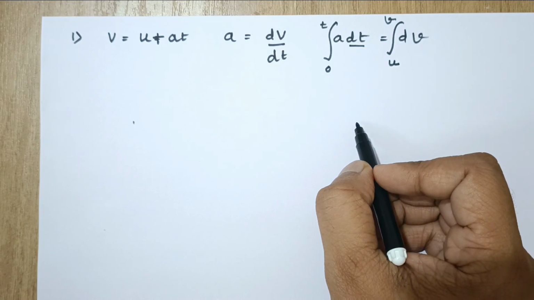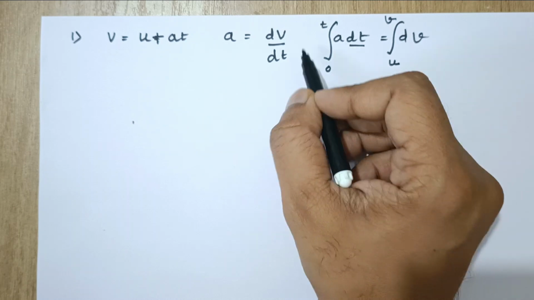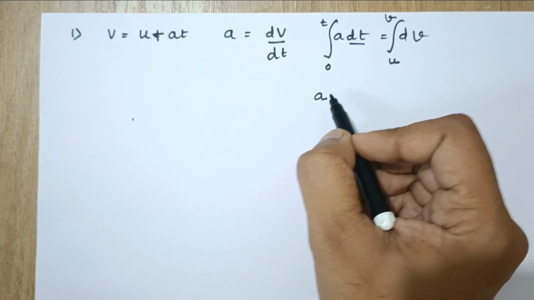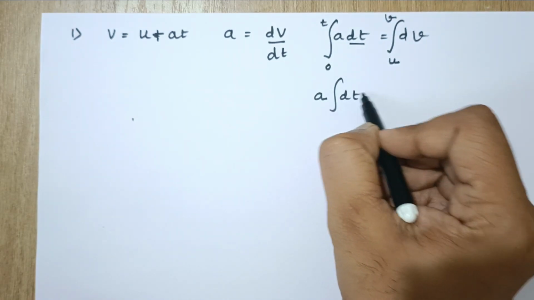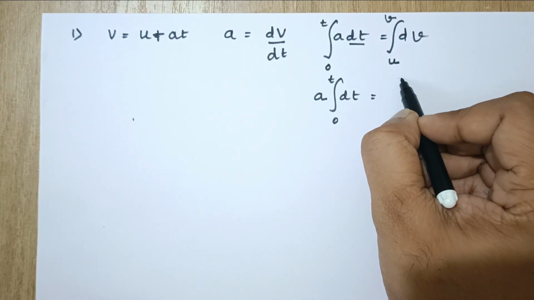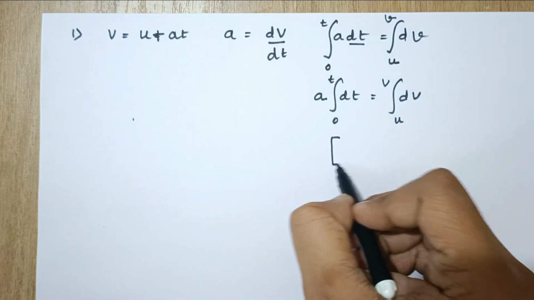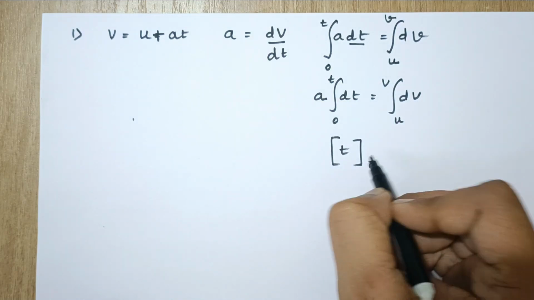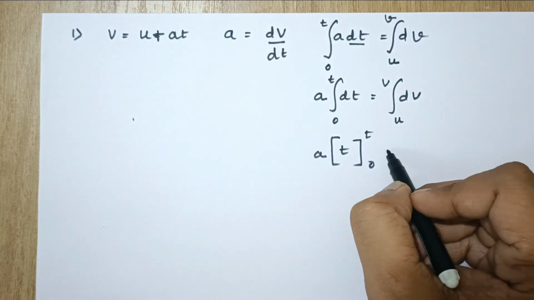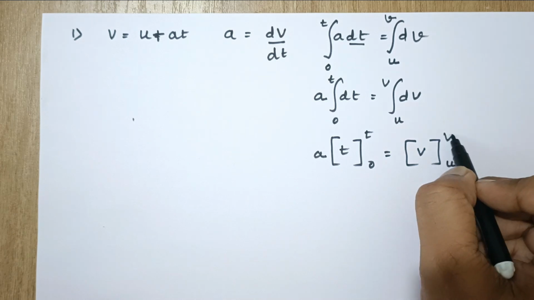Now, since acceleration is constant, I'm going to pull it outside. So a times the integration of dt from 0 to t is equal to the integration of dv from u to v. Now the integration of dt is simply t, from 0 to t, times a, and that is equal to the integration of dv, which is v, from u to v.